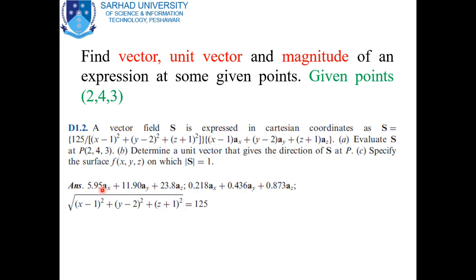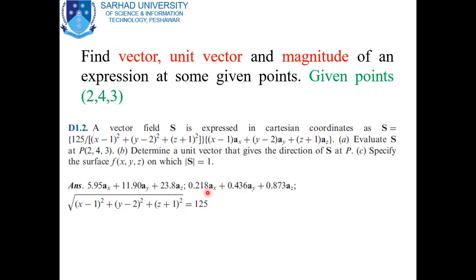So we will divide these 3 components by the magnitude of s, and we will obtain 0.218 ax plus 0.436 ay plus 0.873 az. So this is a unit vector of s at p, and again the unit vector has 3 components.